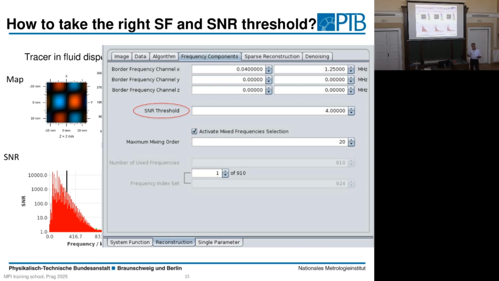And yes, it's fine if you have the same amount of tracer during the system function recording and in the experiment. Then you can say, okay, then 4, for instance, is a good choice. But if the amount of tracer is different, smaller in the experiment, then you have to increase the SNR threshold, because otherwise you include a lot of frequency components on your right side where you have only noise. And this will only create artifacts in your solution.